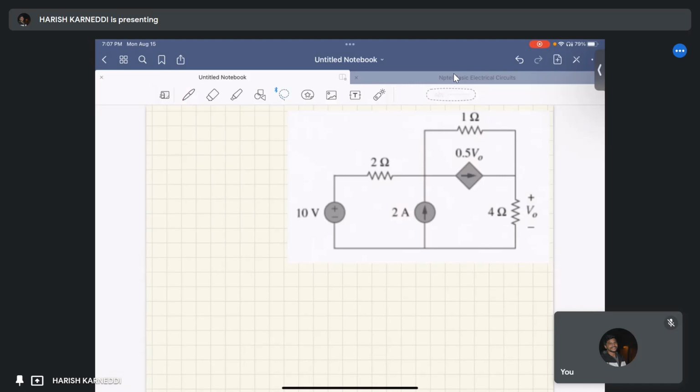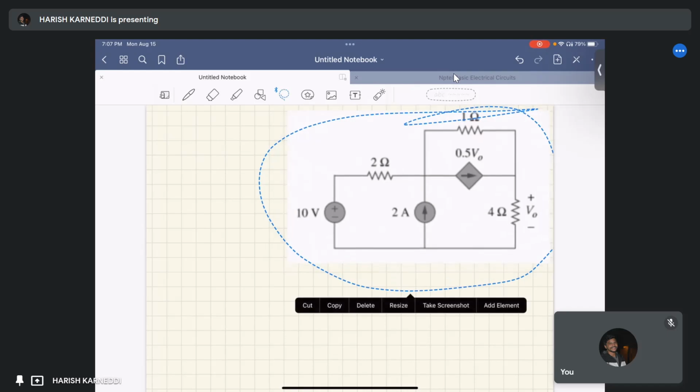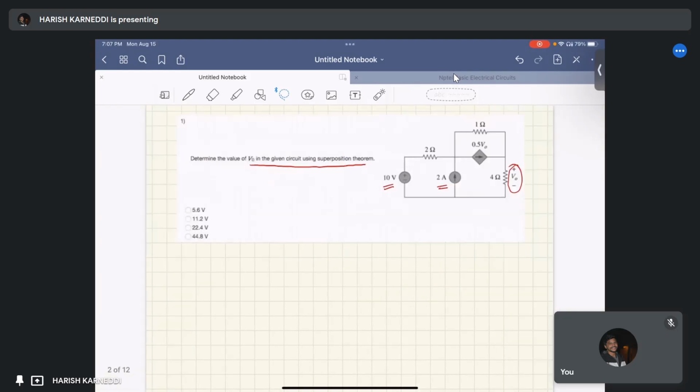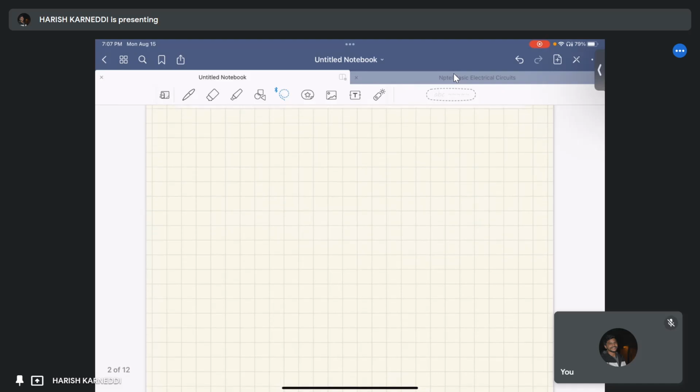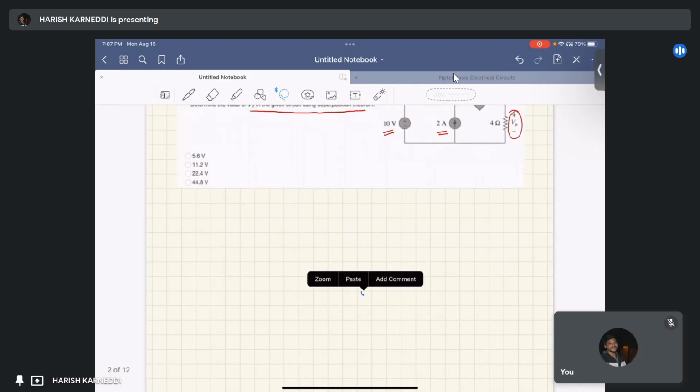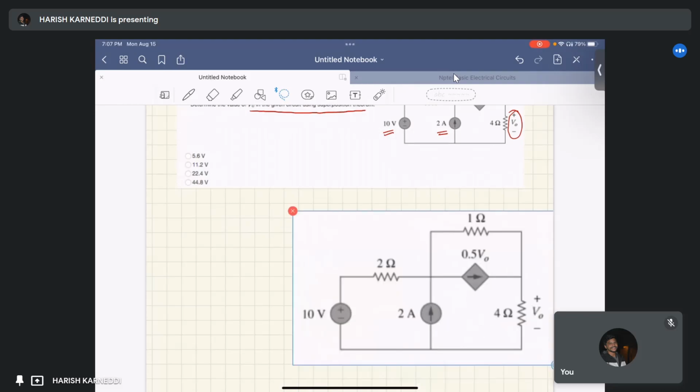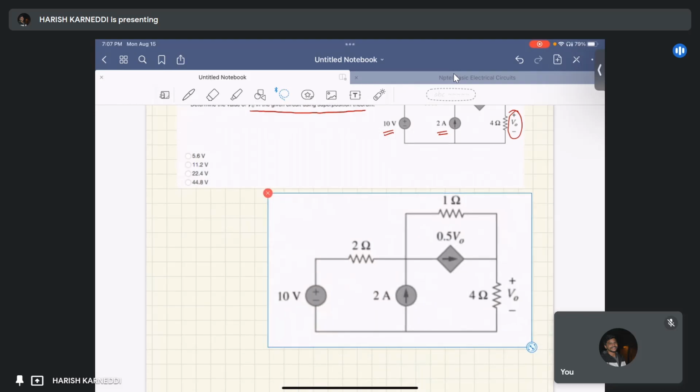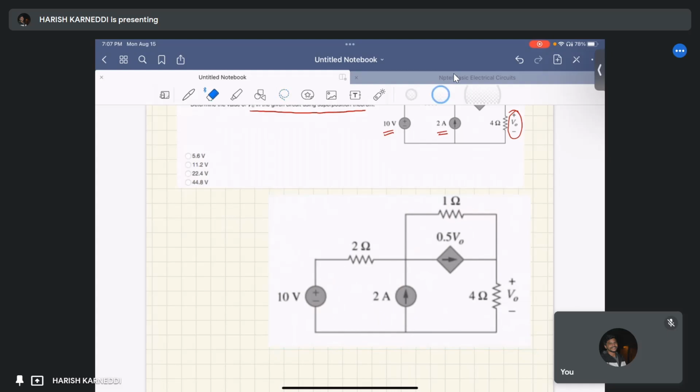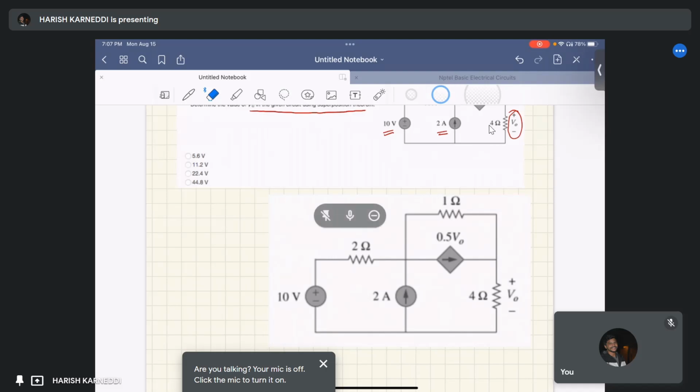When the 10 volt source is acting first, I copied the same circuit. When the 10 volt source is acting, the 2 ampere source has to be replaced with its internal resistance.